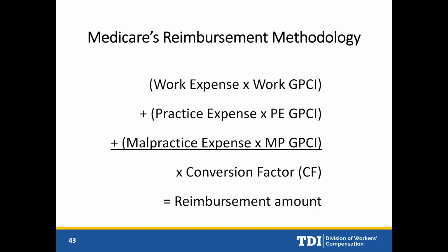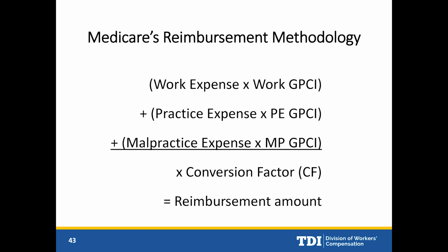We know that healthcare services provided maybe in Dallas would possibly cost more than those same healthcare services provided in another city, maybe in McAllen or in Beaumont, wherever they are.